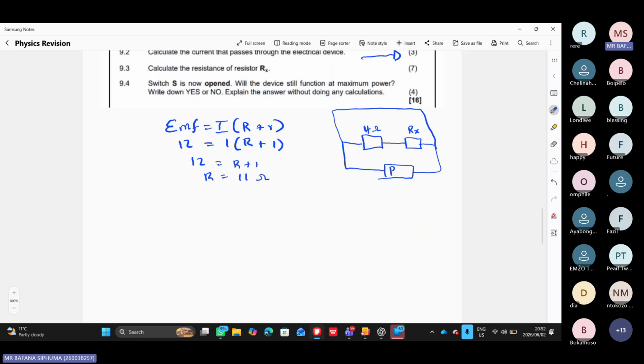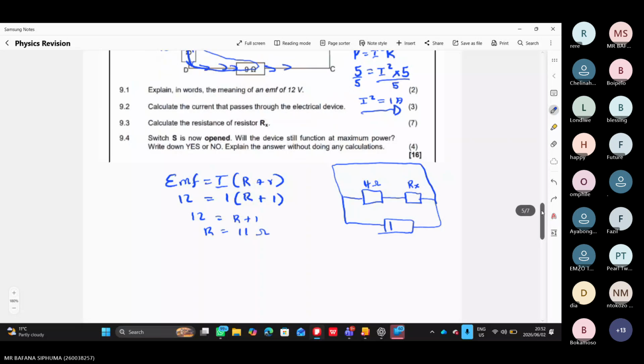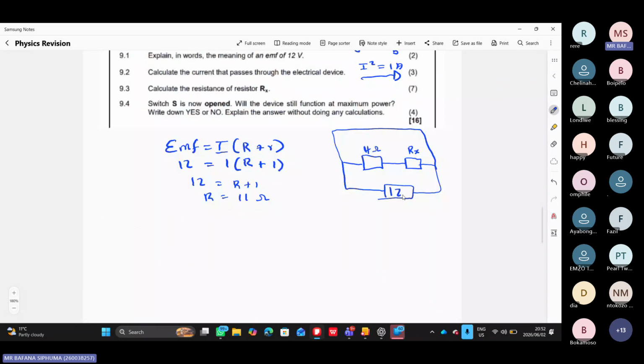This one, I think, was 12 ohms. Because this is a series, you can take this as one thing, put it in brackets and say 4 plus Rx.